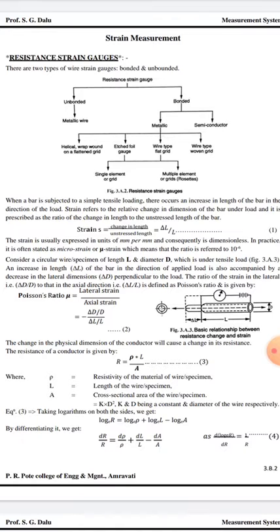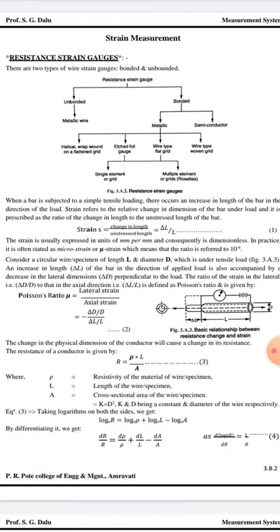Now equation 3 gives the resistance of the conductor. Suppose we apply the log on both sides of equation 3, what we will get?